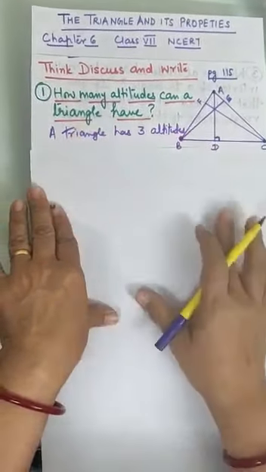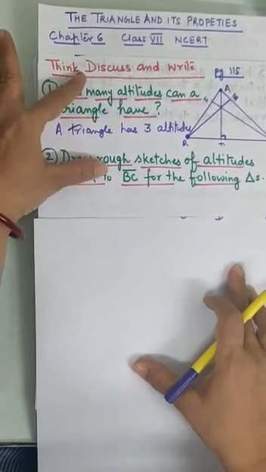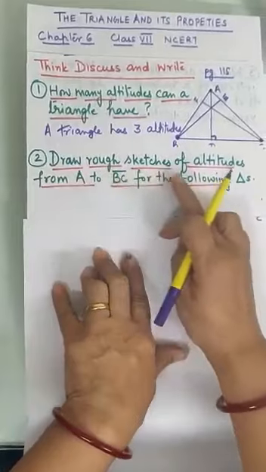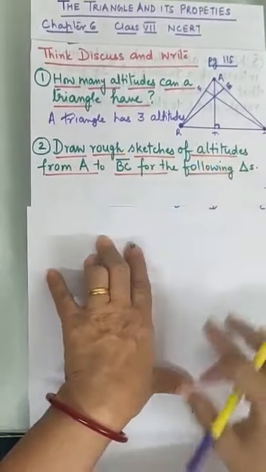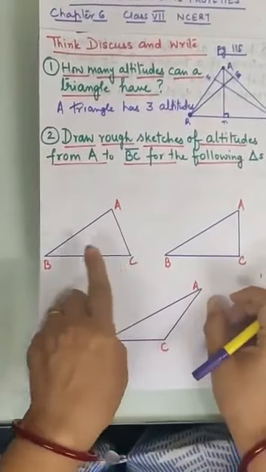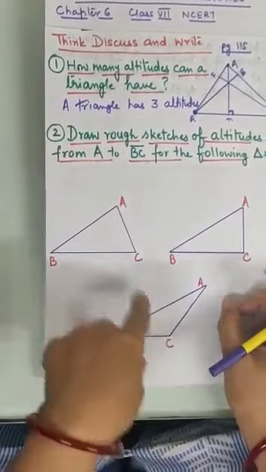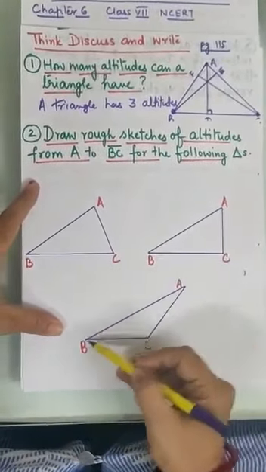Alright. Now coming to the second question. Draw rough sketches of the altitudes from A to BC for the following triangles. Okay, so these triangles are given to us. These 3 are given, and they are labeled ABC, ABC, ABC.